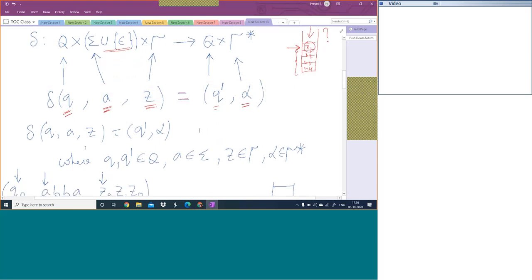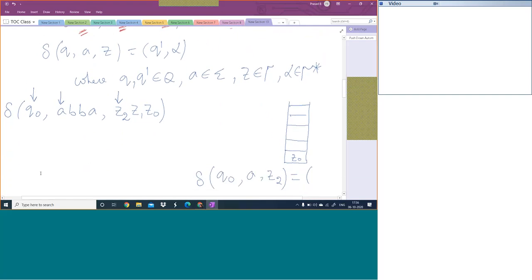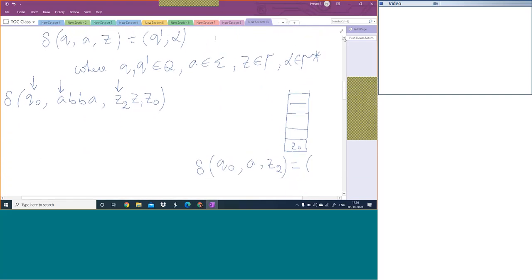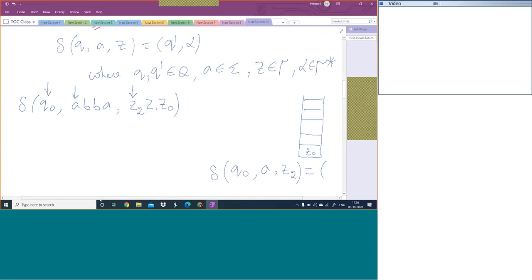So simply now take the notes. The elements of the transition function are of the form delta of q comma a comma z equal to q dash comma alpha, where q and q dash belong to Q, meaning these two are states, a is an input symbol, z is a stack symbol, and alpha is a set of stack symbols.